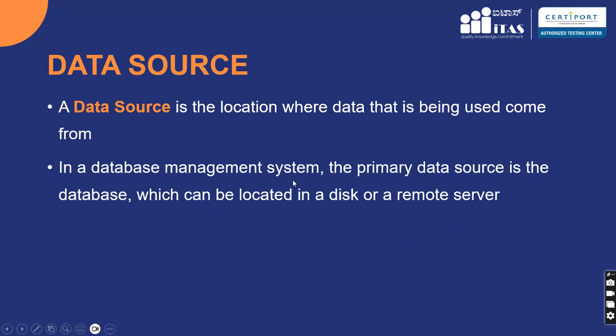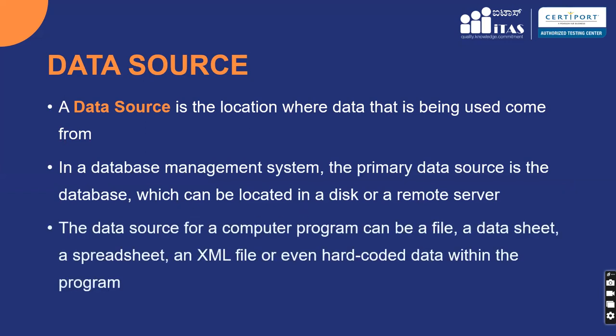In a database management system, the primary data source is the database, which can be located on a disk or on a remote server. Depending on where we have saved the data, we can extract or import the data. The data source for a computer program can be a file, a data sheet, a spreadsheet, an XML file, or even hard-coded data within the program.